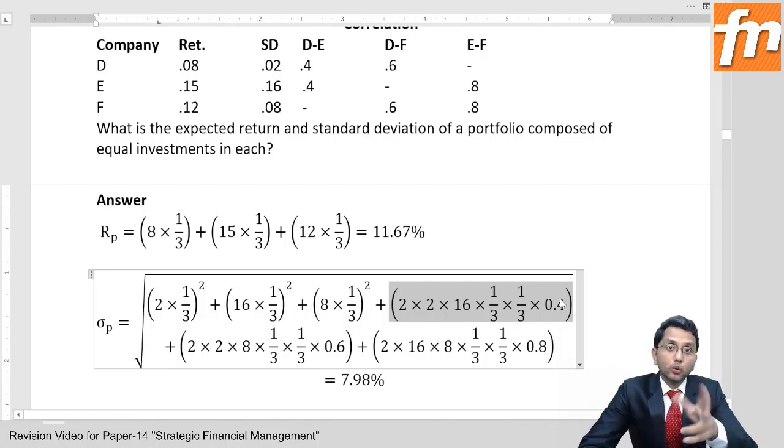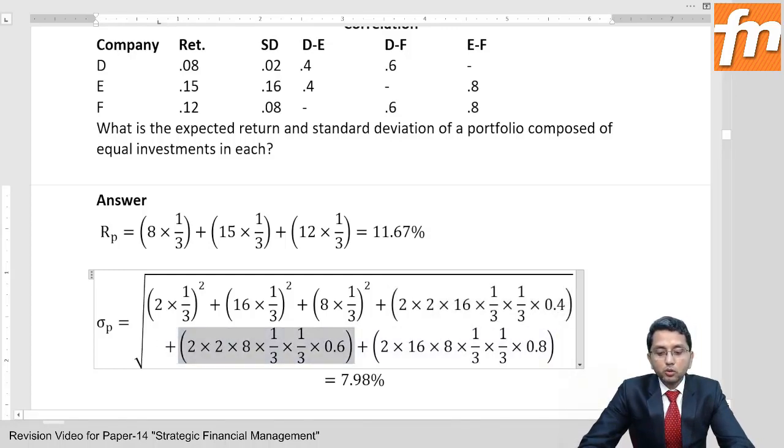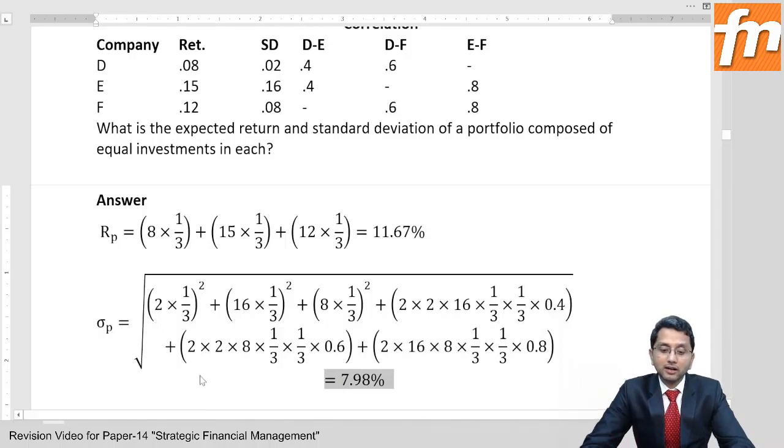Don't do here into M plus; here simply 0.4 and then M plus. Then 2 into 2 into 8 divided by 3 into 0.6 and then M plus. Same, 2 into 16 into 8 divided by 3 into 0.8, M plus. MRC and under root. Do this and in one shot you'll get the risk of a 3 securities portfolio.